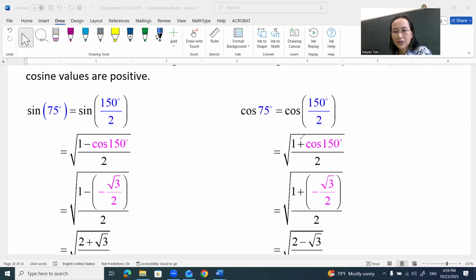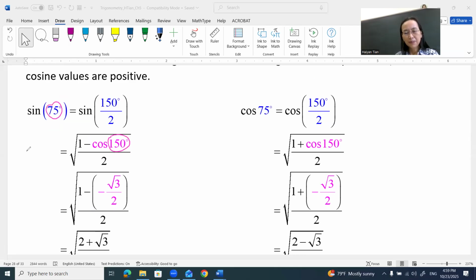And now the only difference is 1 plus this value, compared to the half angle identity for sine, which is 1 minus cosine of the double angle of 75 degrees.